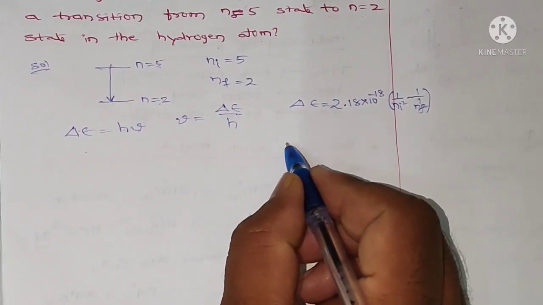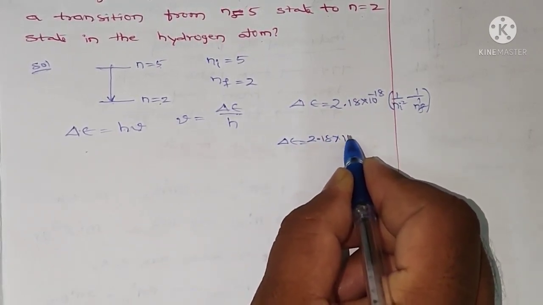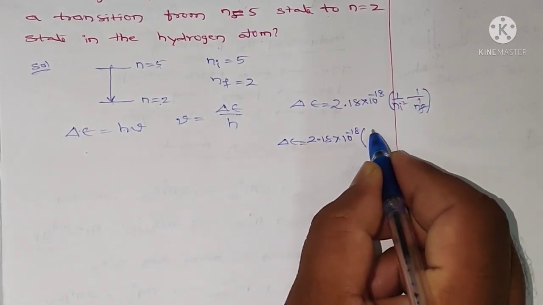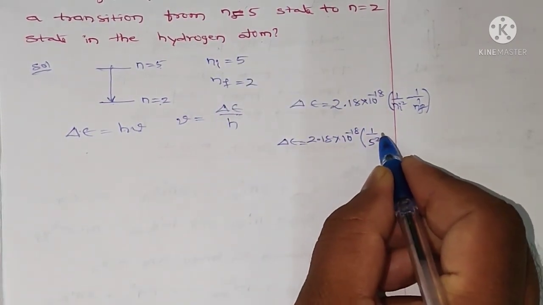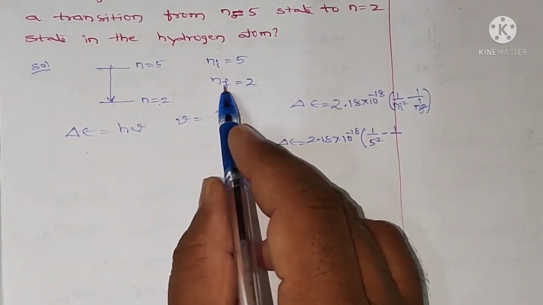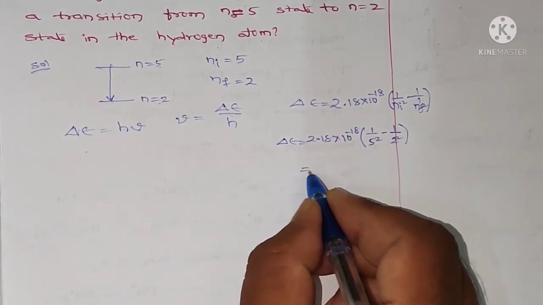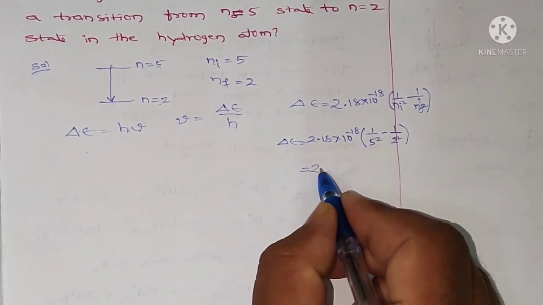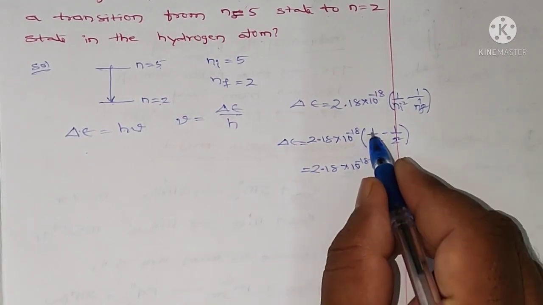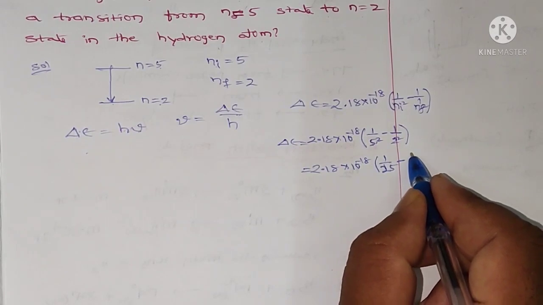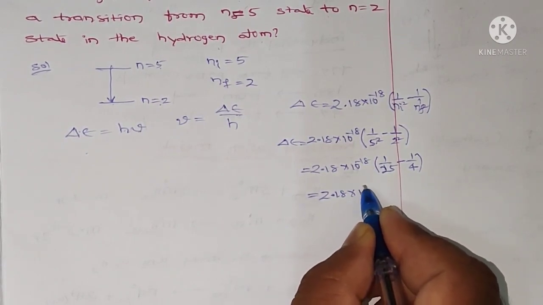So here delta E is equal to 2.18 into 10 to the power of minus 18 into 1 by n initial square. n initial is 5, so 5 square, minus 1 by n final, final is the second state, so 1 by 2 square, and is equal to 2.18 into 10 to the power of minus 18 into 1 by 25 minus 1 by 4, is equal to 2.18 into 10 to the power of minus 18.